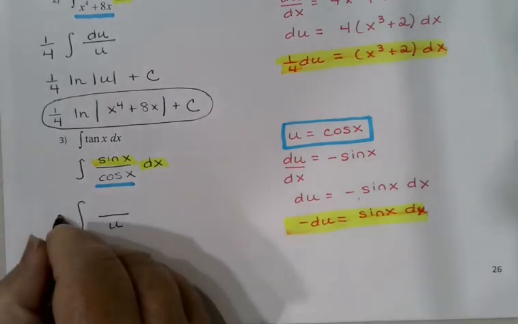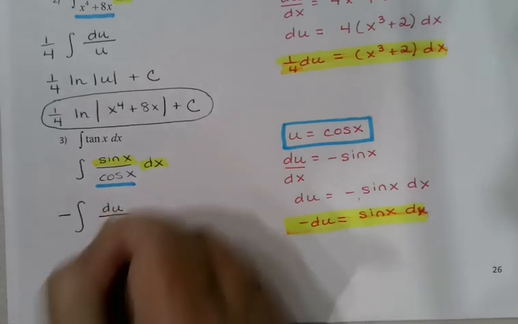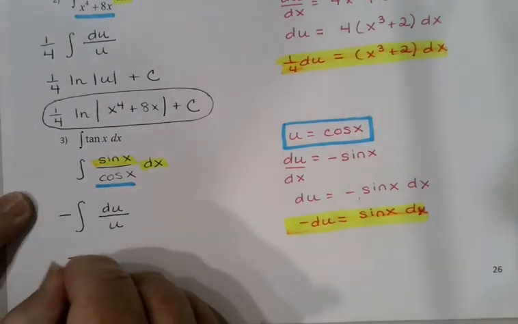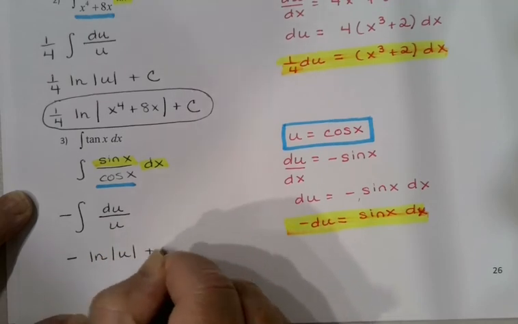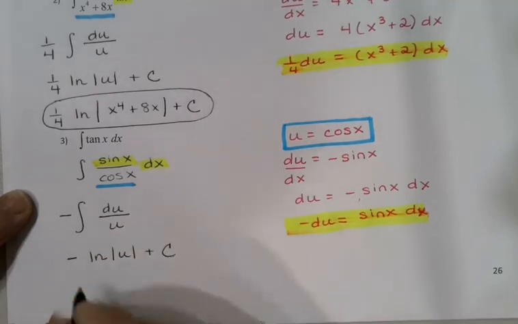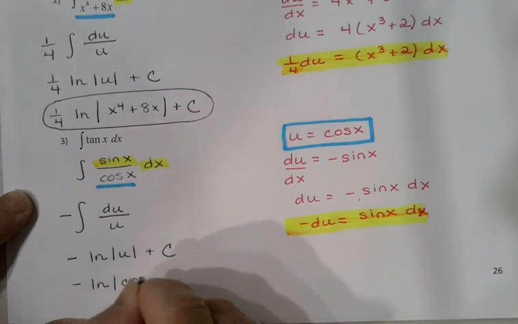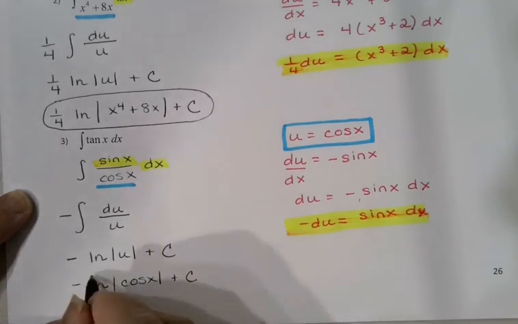That minus sign, I can just pull that out in front of the integral, and then the du will go up here on top. And once again, there's that form of the natural log integral. In this case, I've got negative natural log absolute value of u plus c, or negative natural log absolute value of cosine x plus c.